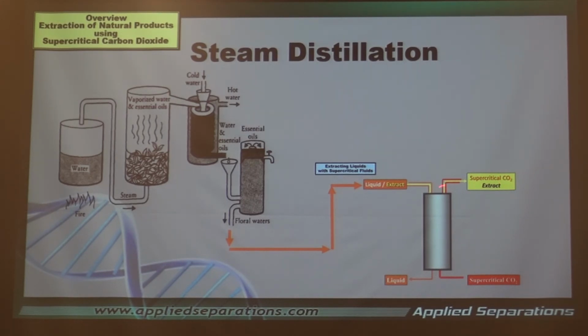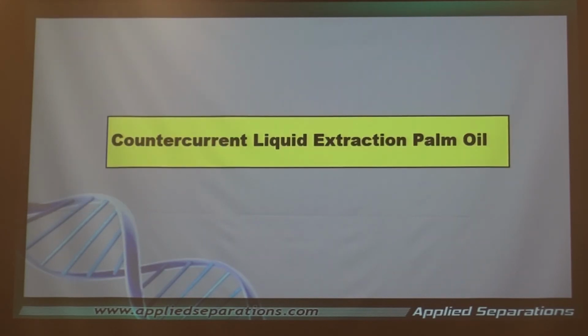Remember, we're getting out of this the essential oils and the waxes, because they're both soluble in the supercritical CO2, and then we go through the separations that I showed earlier for essential oils. So here's an example where you could get more product and not have to spend any money on the wastewater treatment facility.